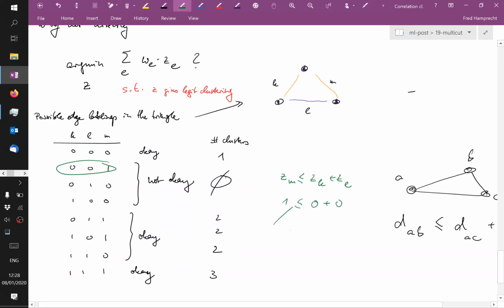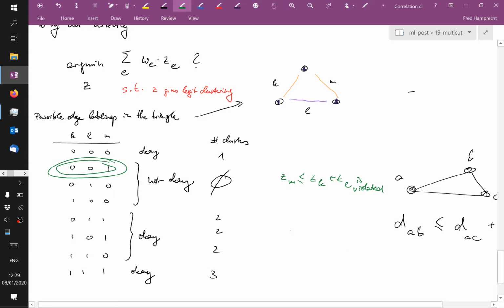And well, this is false. Okay, so this is, I think, what you were saying. So if we make ZM our pivot, then we have violated this inequality. So this one is violated.